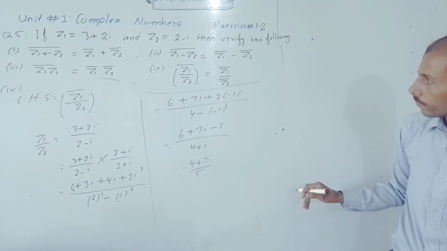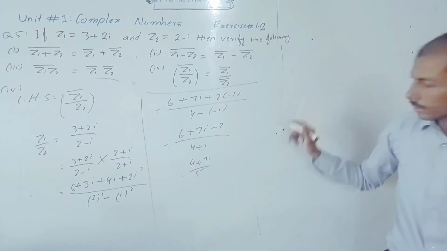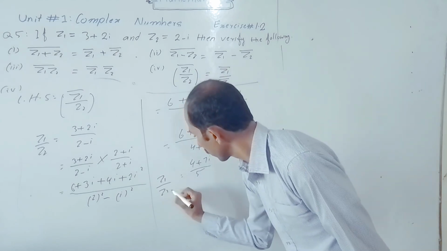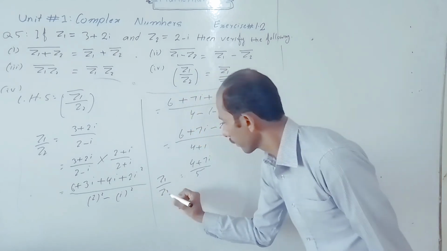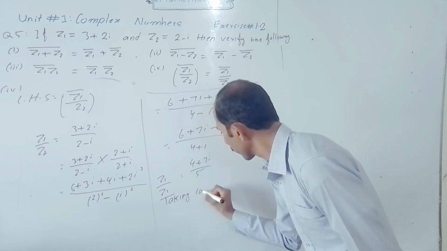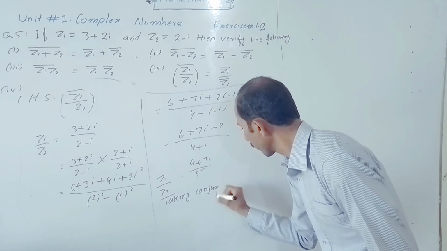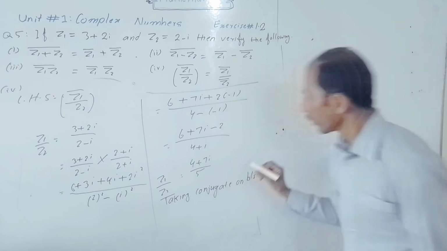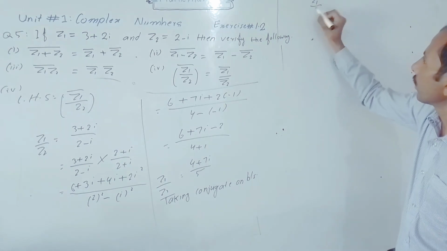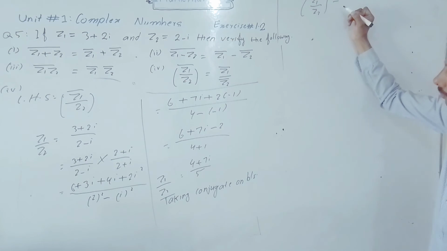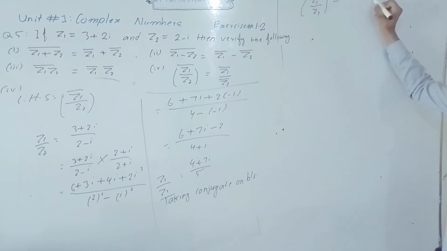So next, take conjugate on both sides. So (Z1 divided by Z2) whole conjugate is equal to ((4 plus 7i) divided by 5) conjugate.